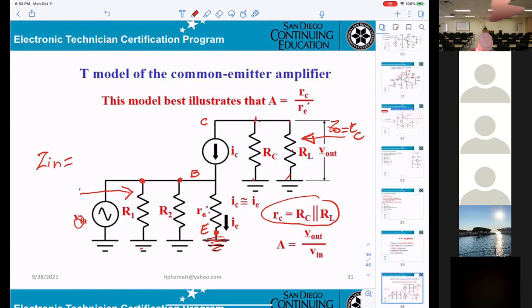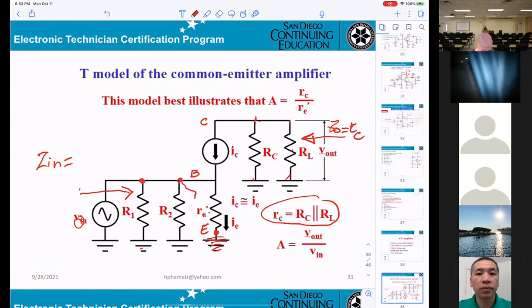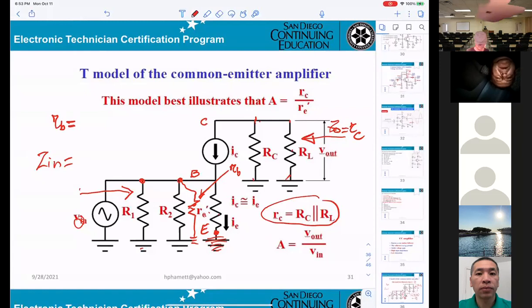But you will see another one, that's what they call RB, the base resistance for AC.